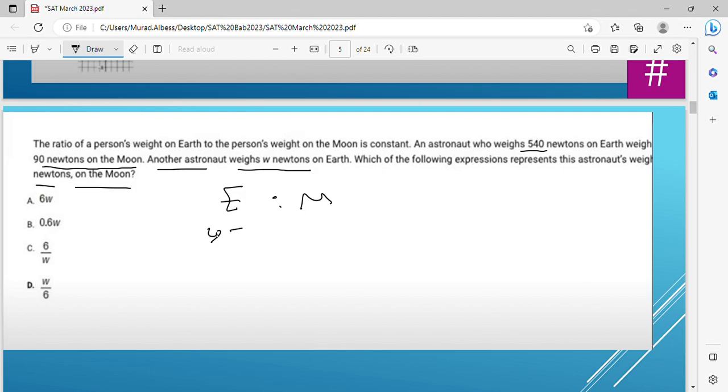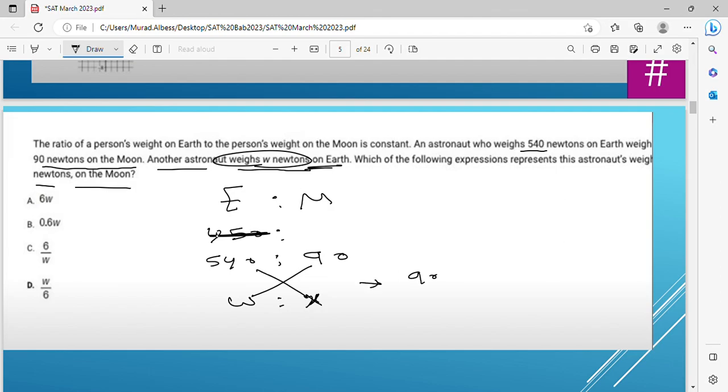On the Earth 440, and this is 90 on the Moon. He told me if it's W on the Earth, how much on the Moon? We'll make a cross product.